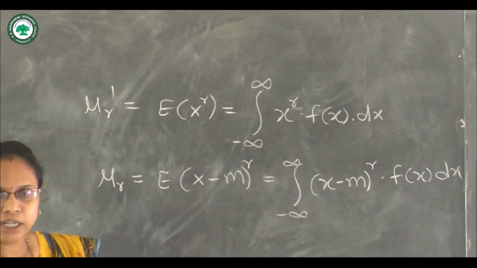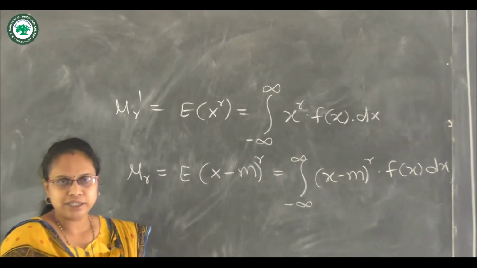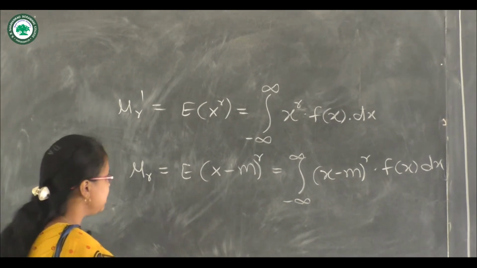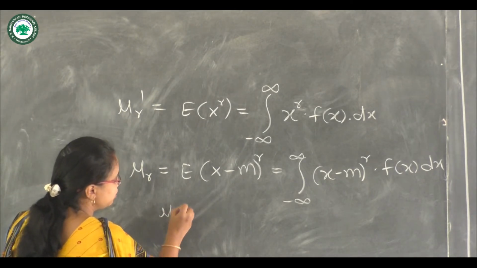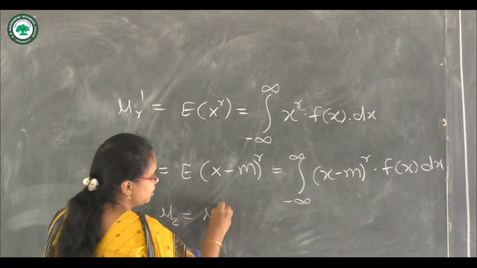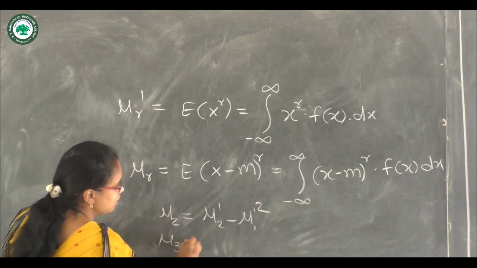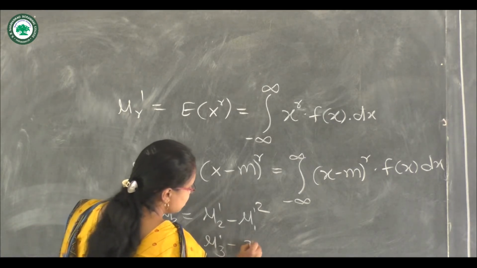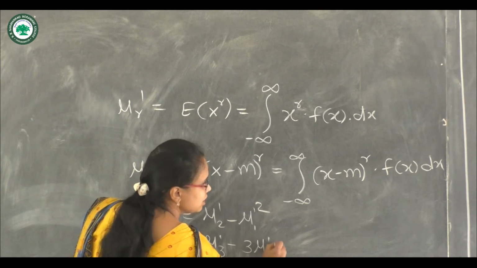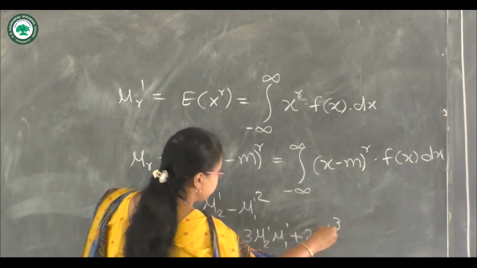I have also told you that there is a relation between raw moments and central moments, and these relations can be written: mu2 equals mu2 dash minus mu1 dash square, mu3 equals mu3 dash minus 3 mu2 dash mu1 dash plus 2 mu1 dash cube.